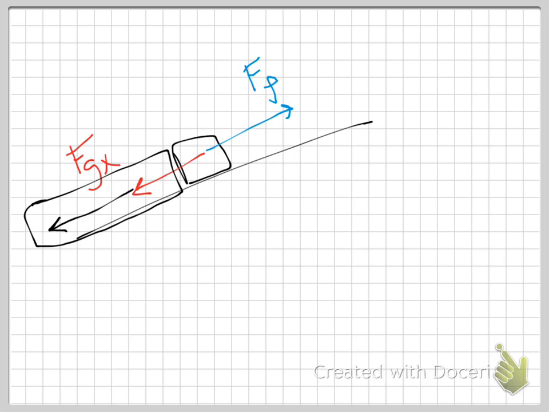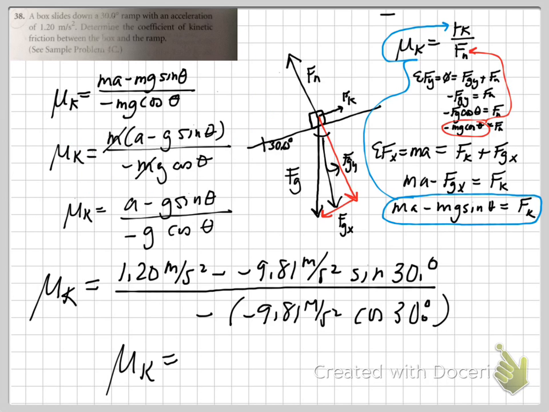The force down slope has got to be greater than gravity, so it cannot be less than gravity. So force of kinetic friction, oh wait, no, I'm arguing against myself. So force of kinetic friction has to be less than the force on the x, which means that, okay, hold on, let's go back to this.